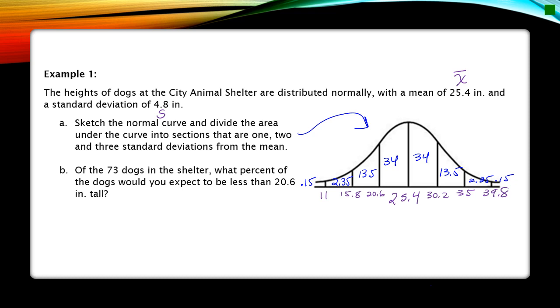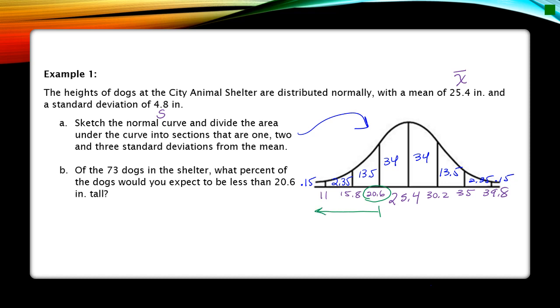Part B says, if there are 73 dogs, what percent of the dogs would you expect to be less than 20.6 inches tall? So the first thing I'm going to do is find 20.6, which is right here. I'm trying to figure out what percent of the dogs would be less than 20.6 inches tall. So I want all of the intervals going to the left of 20.6.